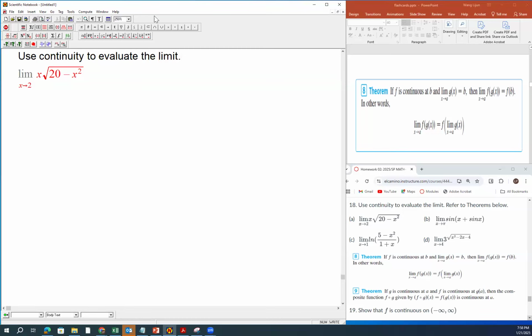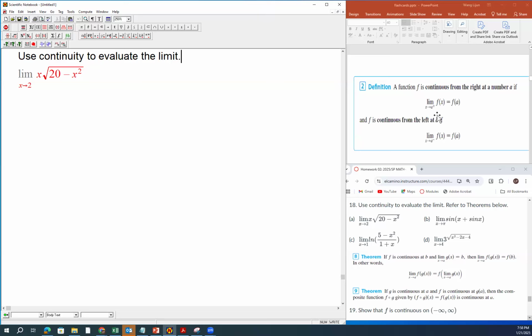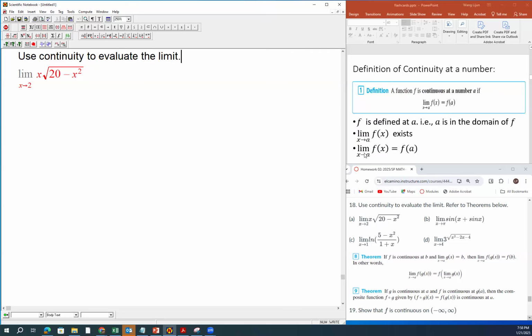What do we know if a function is continuous at a point? Let's go back to the definition. If a function is continuous at a point, then the limit of the function when x approaches the point is a direct substitution. So here we basically ask, can we do direct substitution?